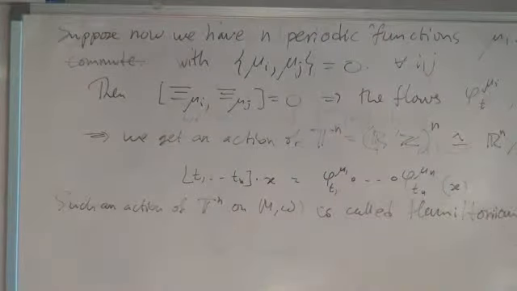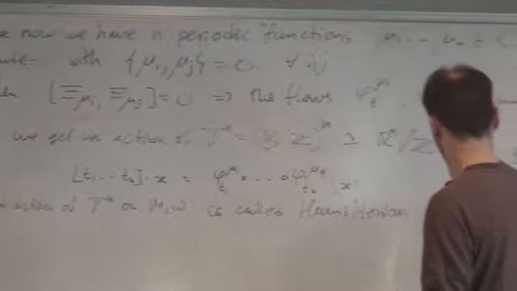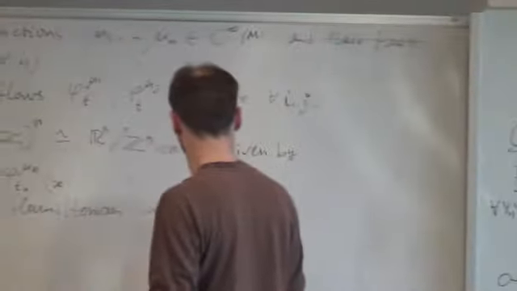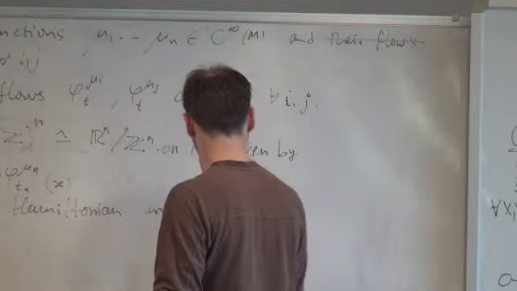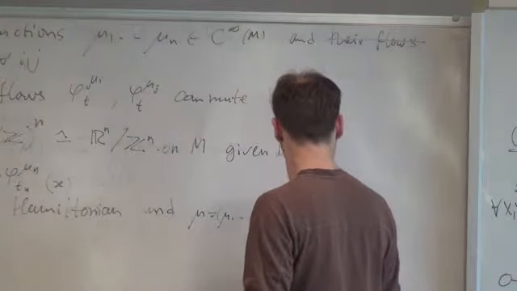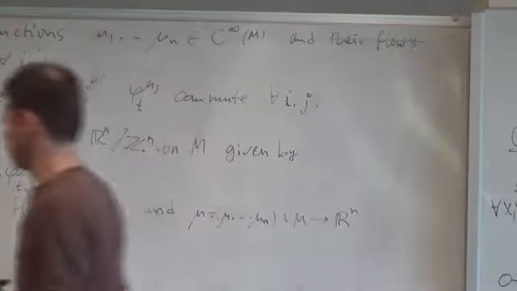Well, it comes from a bunch of Hamiltonian vector fields. And I can put mu into one function. This is called a moment map.